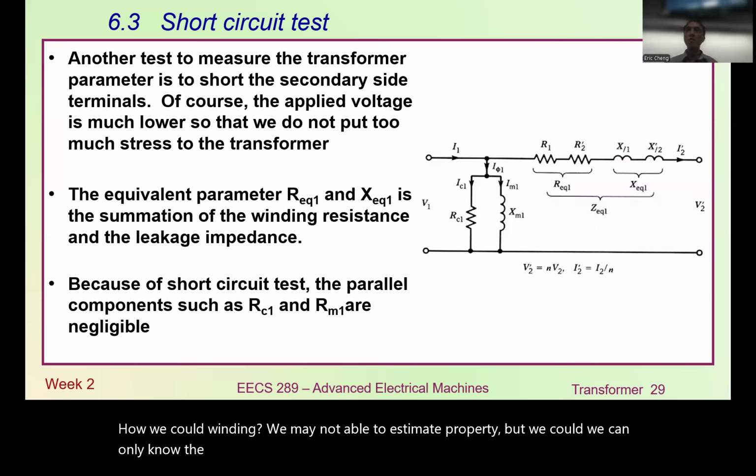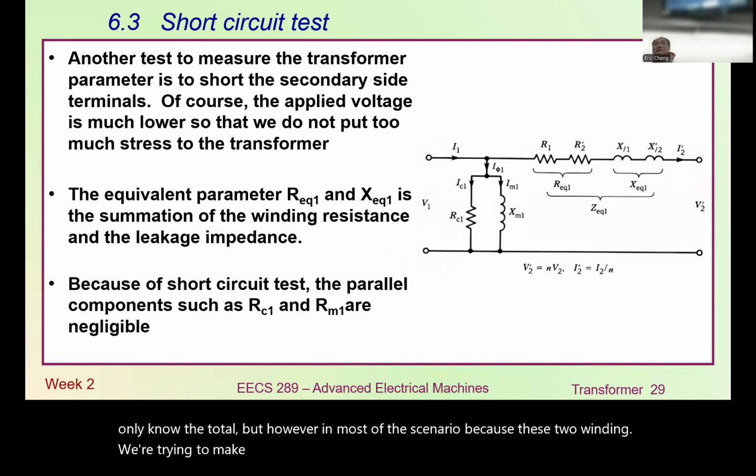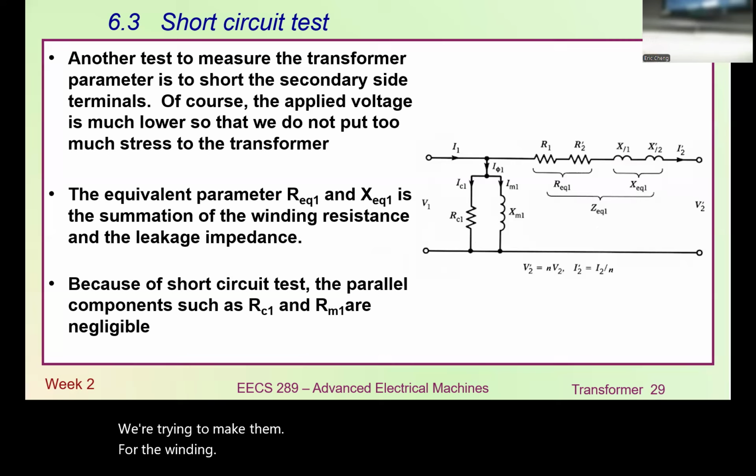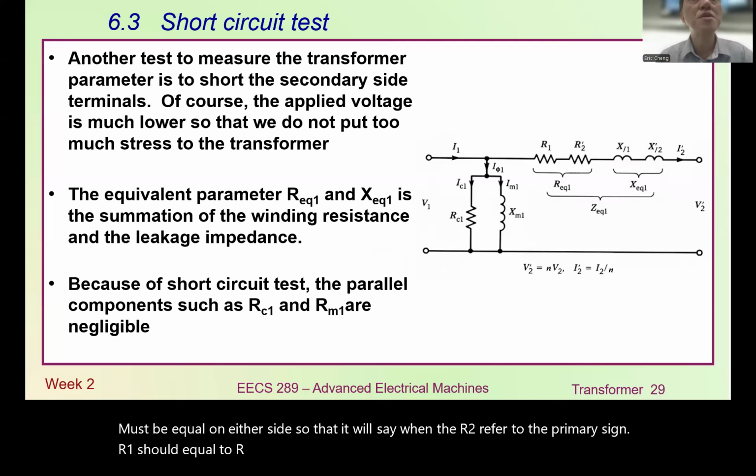However, in most scenarios, because we try to make the Ni for the two windings equal on either side, when R2 is referred to the primary side, R1 should equal R2 dash.